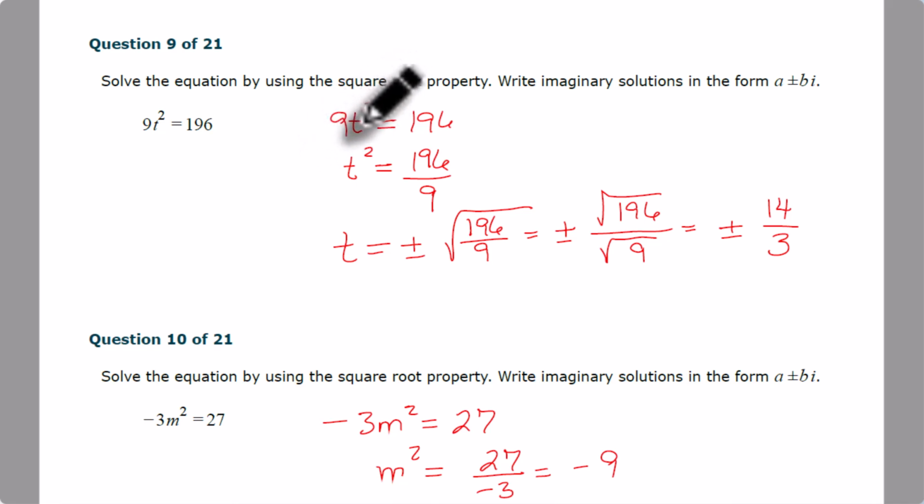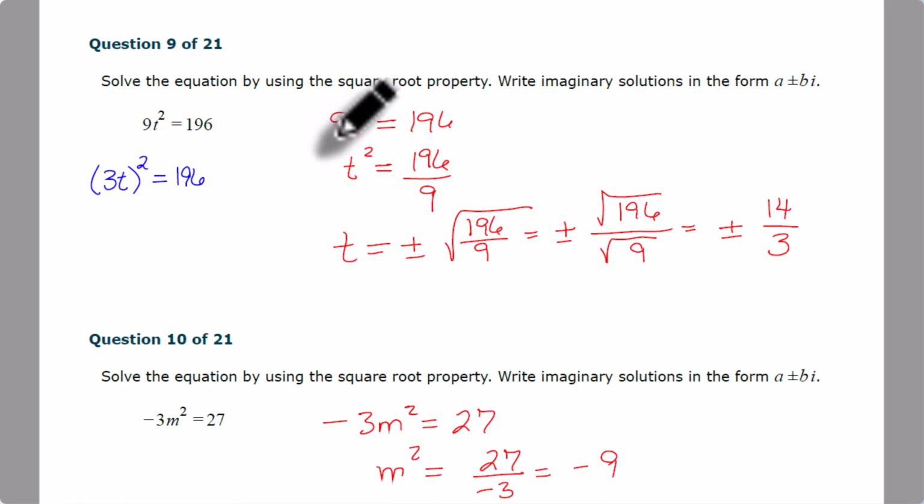Now, some of you might say, well, couldn't you make that as something squared? Yep, I could. I could write this as 3t squared, and that would work too. Okay, so it is possible. That would be fine. I would get something squared equals a number.